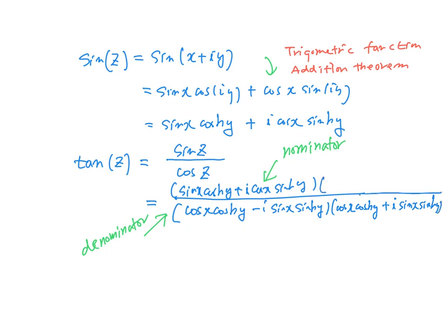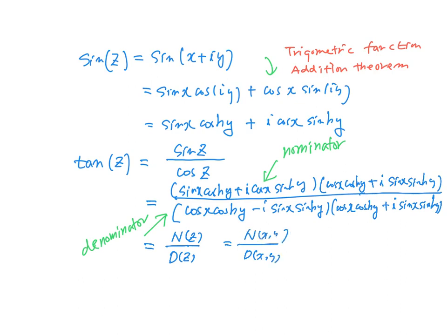It's basically 1, right? Cosine x cosine hyperbolic y plus i sine x sine hyperbolic y. So it's called tan z, and you can write this way. Let's calculate the denominator first.